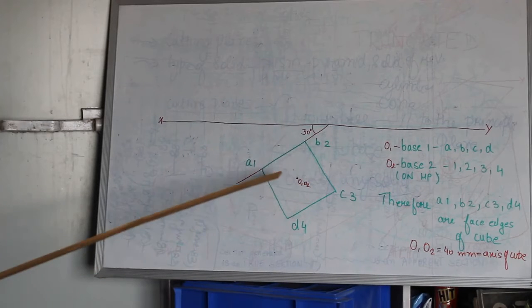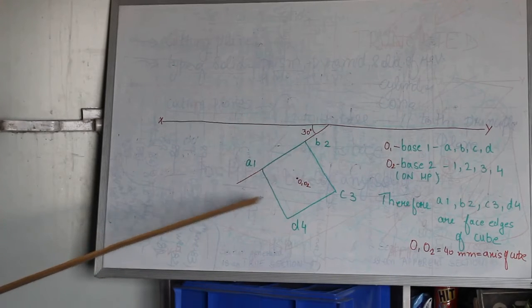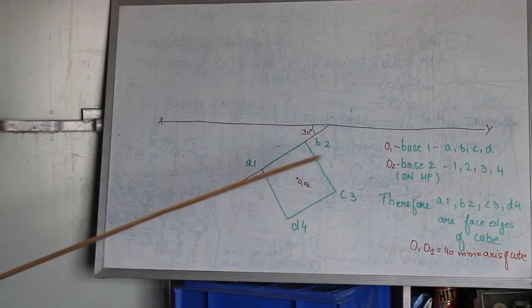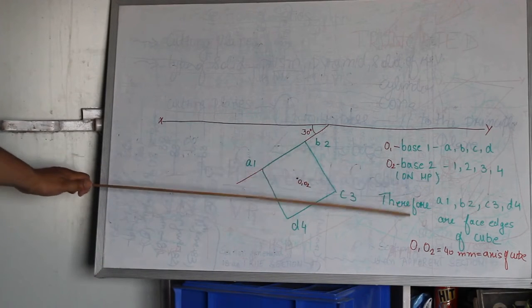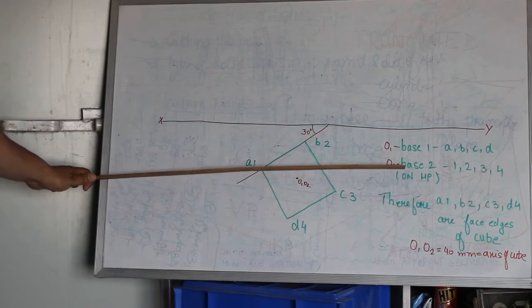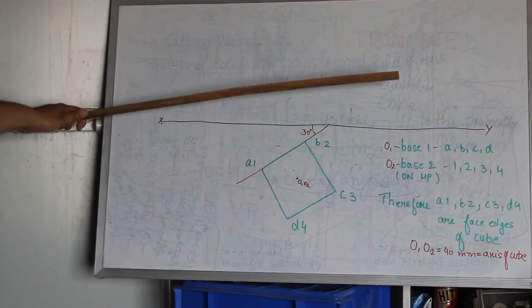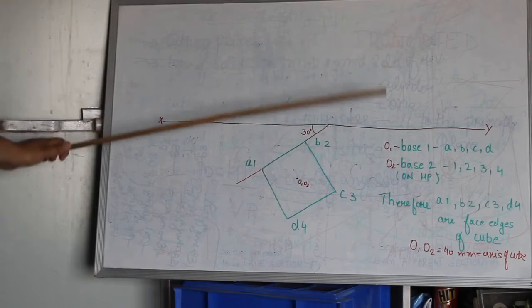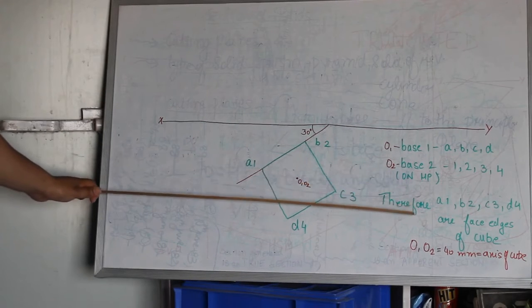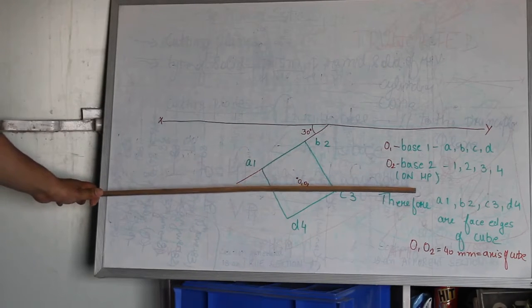That type of cutting plane is obviously creating a horizontal trace on the horizontal plane, and it will come like this. This will be a line, a cutting plane line parallel to the reference line, and it will make a horizontal trace on HP.